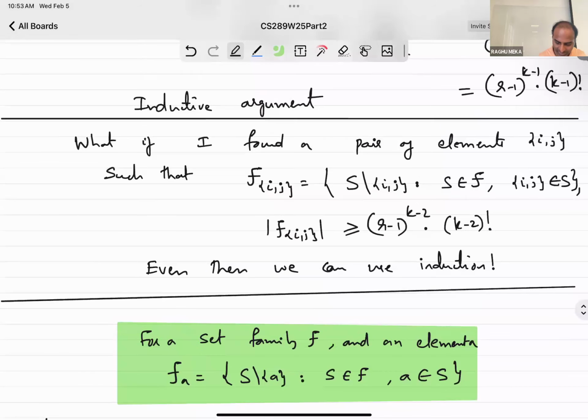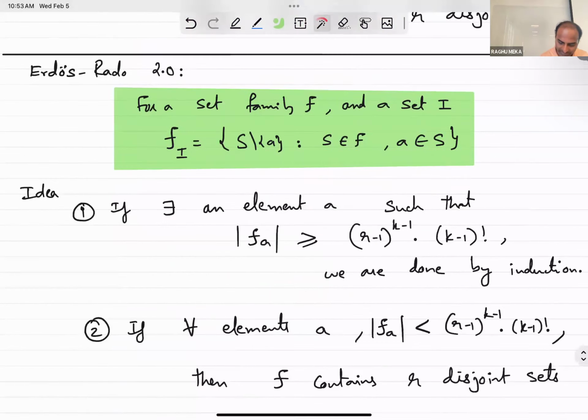If I have a pair, I have to look at all sets which contain the pair of elements and remove it. In the same way, I can go back here and say, look at all sets in my family which contain the set I, and then I take out the set I from them.